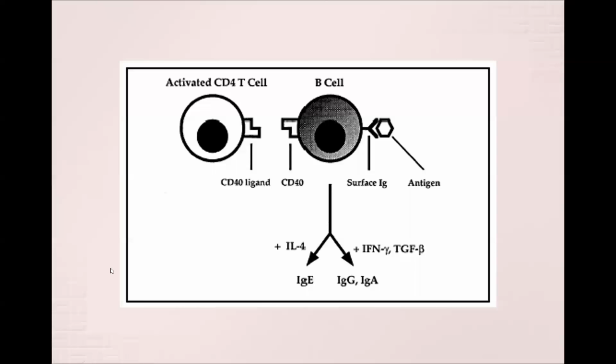So if you can't create this key and lock, which induces the signaling, you get an abundance of IgM with very minimal changes to IgG, IgA, IgD, IgE. There are other mechanisms to get this class switching to happen, but by far the most robust is to have the CD40 and CD40 ligand come together.